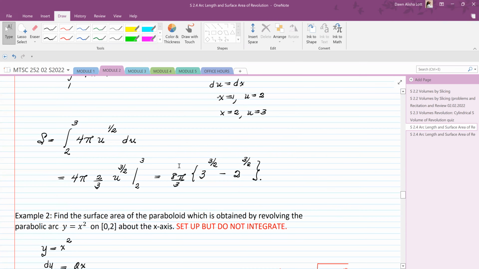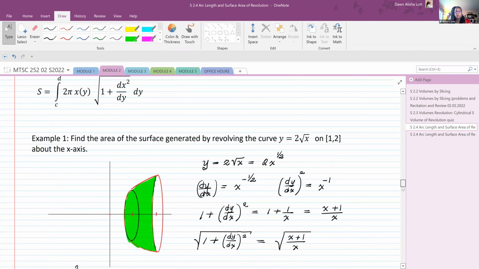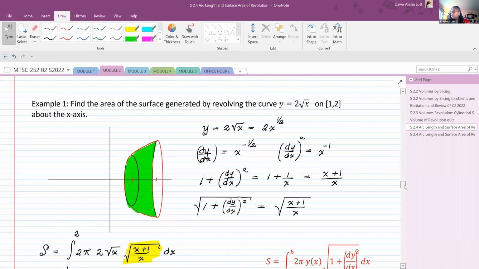Could we leave the problem like that, or do we have to break it down even more? You see what I did here. I plugged in 3, so it gave me 3 to the 3 halves, and I plugged in 2, it gave me 2 to the 3 halves. I can't simplify that, and I'm done. So this one was not set up but do not integrate. I wanted the answer. I wanted the area. This one, I wanted the surface area.